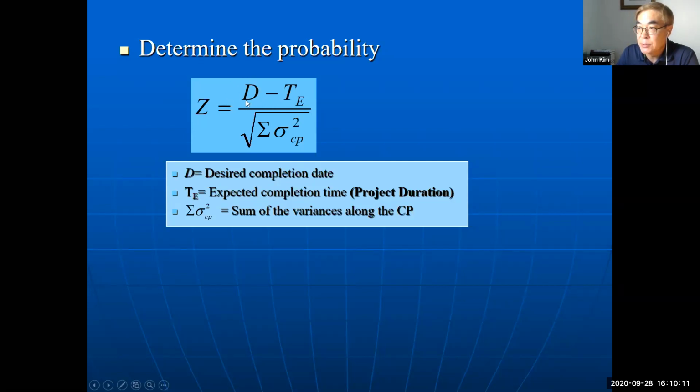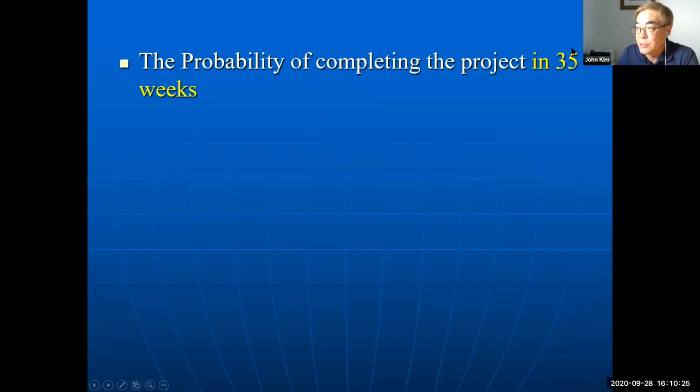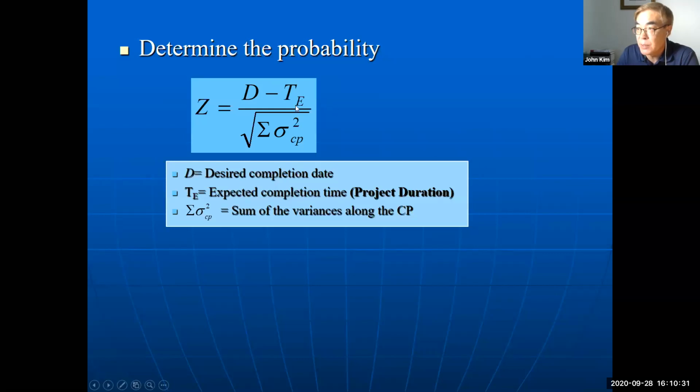D is the desired completion time, and Te is the expected completion time. So this one is asking 35 desired completion time, and this one is expected time 38, divided by the square root of the sum of standard deviation squared, this one is variance, on critical path. This is important: on critical path.